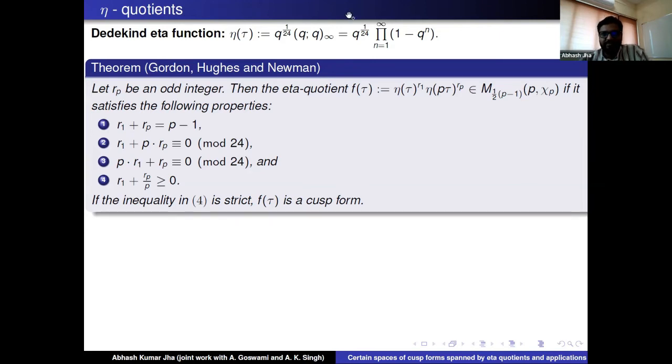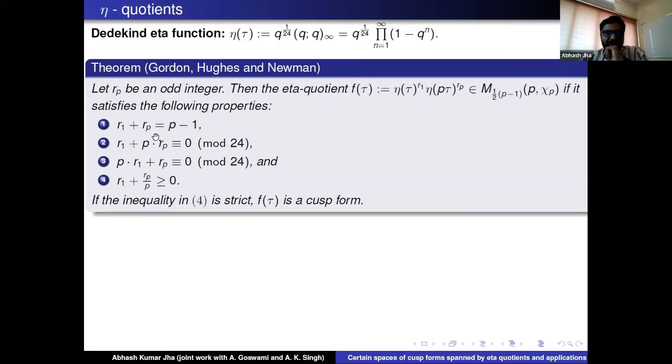So suppose you have this function f, which is eta(tau) to the power r1 times eta(p tau) to the power rp. These exponents can be negative, positive, anything. If both of them are positive, it is an eta product. If one is negative and one positive, then it is an eta quotient. It says that this is a modular form of weight p minus 1/2 and level p with character chi p if these four conditions are satisfied. What are these four conditions?